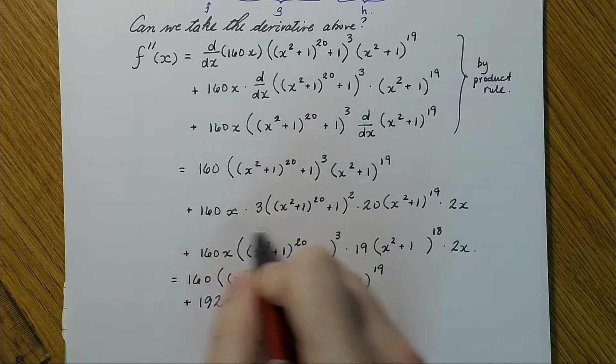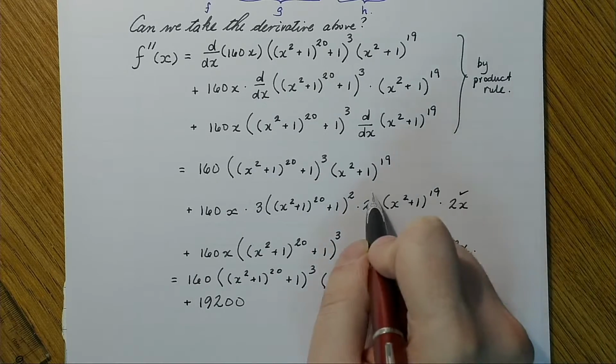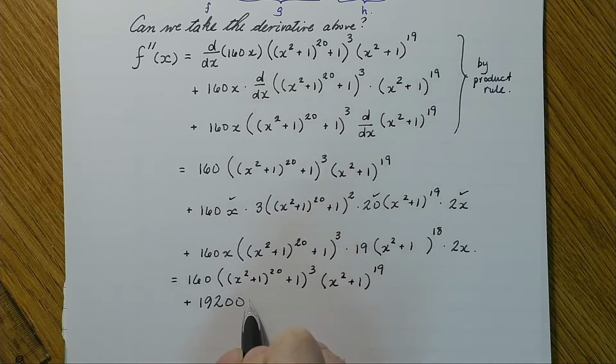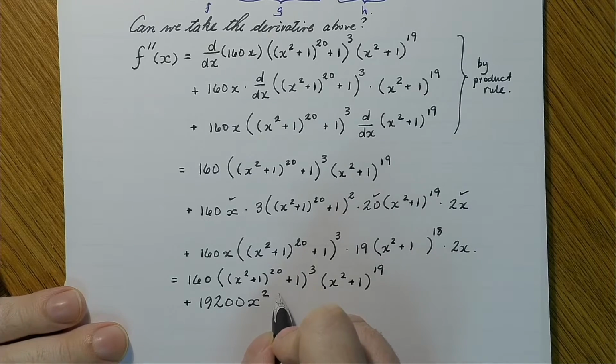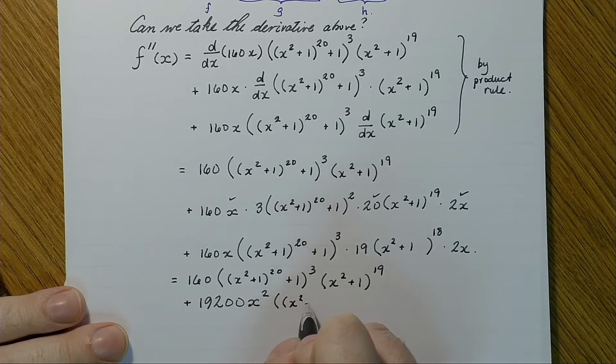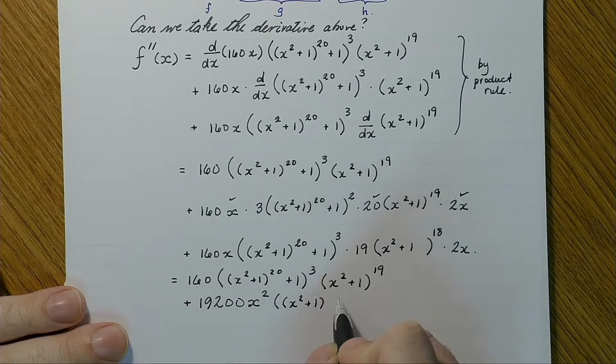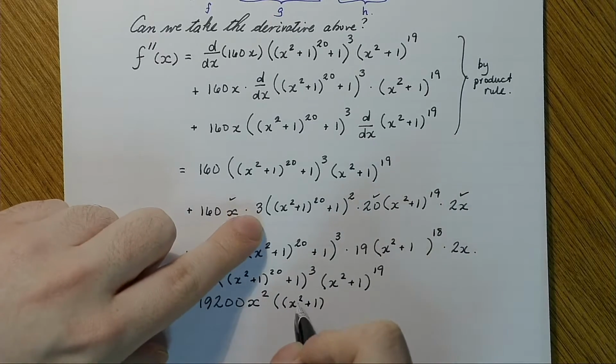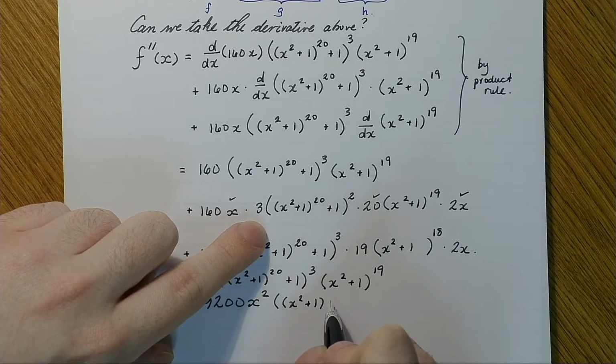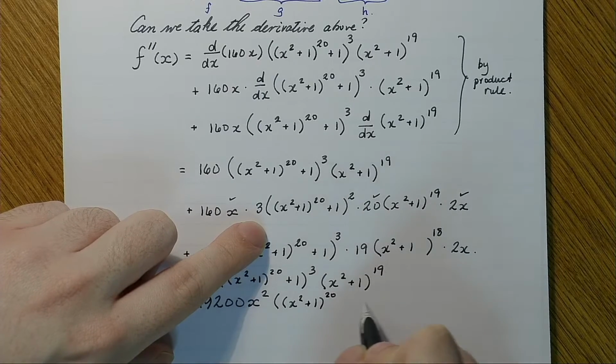I have 2 x's, so that becomes x times x gives me x squared. And then let me copy that down again. Oh, I gotta make sure. 20 plus 1 squared.